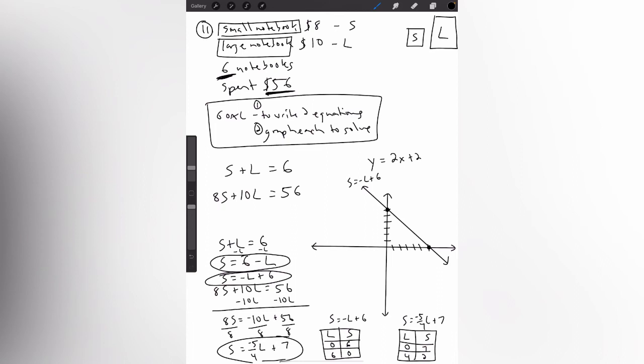So 0, 1, 2, 3, 4, 5, 6, 7. And then 4, 2: 1, 2, 3, 4, 1, 2. Okay, so that looks about good right there.